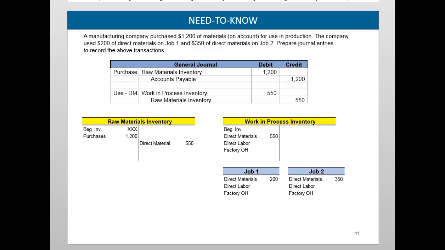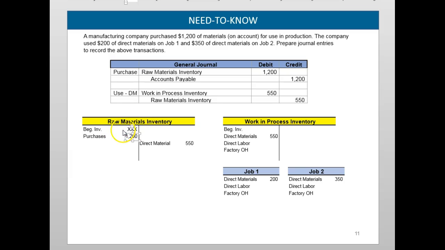So let's kind of see what's going on here. So here you have inventory. This is an example of how this would work all the way through the process for raw materials. We purchased the raw materials, so it goes into the raw materials inventory right here.